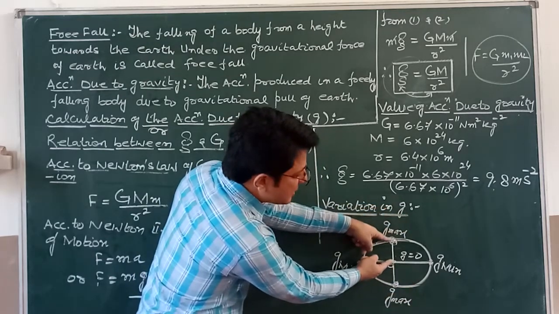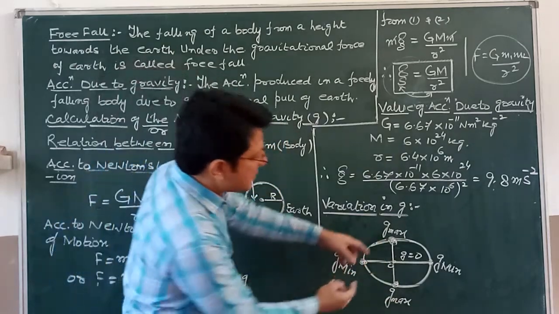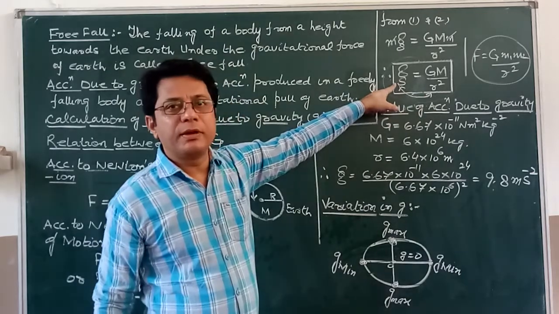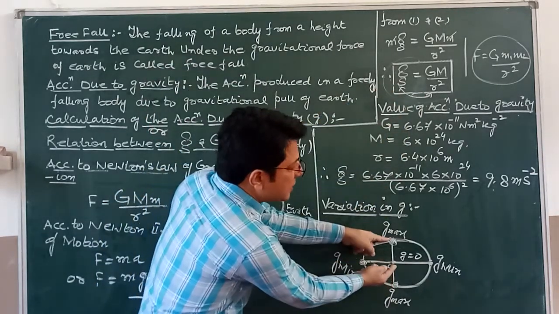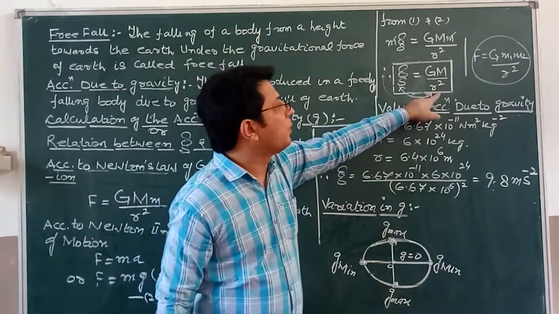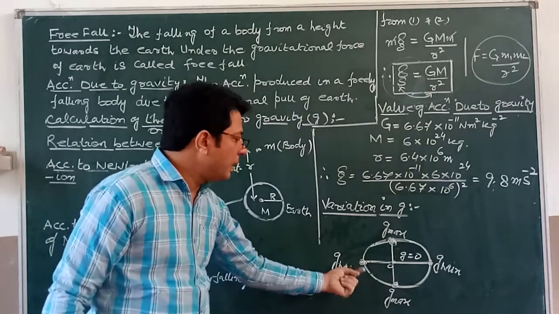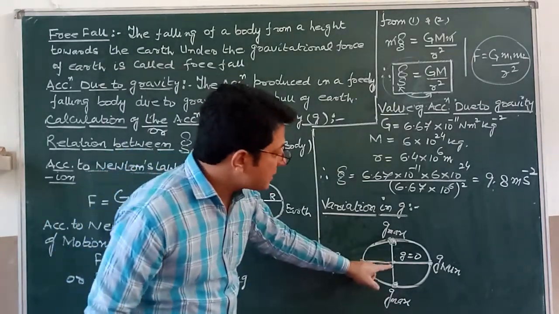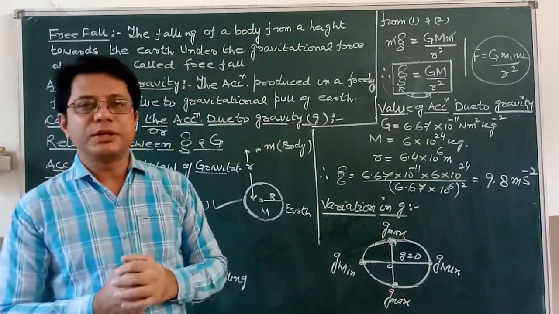If this distance is small, then acceleration due to gravity will be more. But this distance is more than that distance. If this distance is more, then acceleration due to gravity will be minimum near the equator. But at the center, the value of acceleration due to gravity is 0.